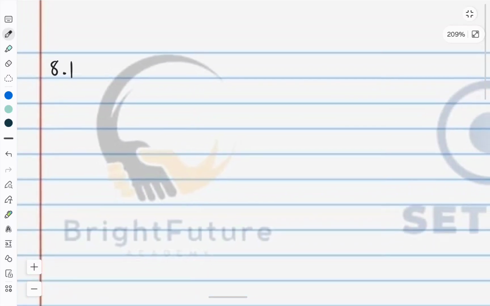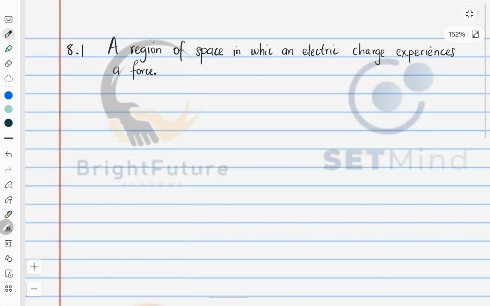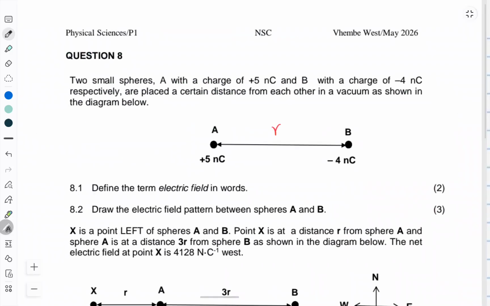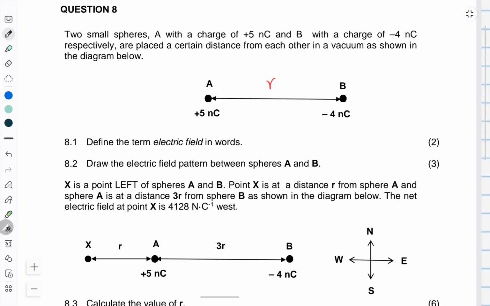So electric field, we simply say it's just a region of space in which an electric charge experiences a force. All right, so that's how we would state that one. Now let's go to 8.2. What's on 8.2? Draw the electric field pattern between the spheres A and B.